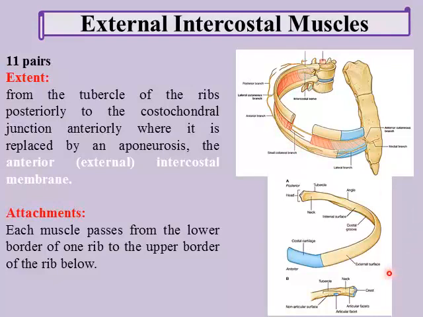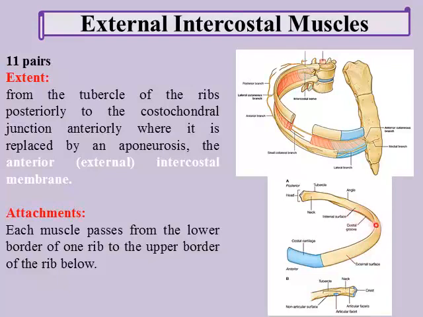So in the practical exam, if we mark the upper or round border of the rib, this is the attachment, the insertion, of the external intercostal muscle.